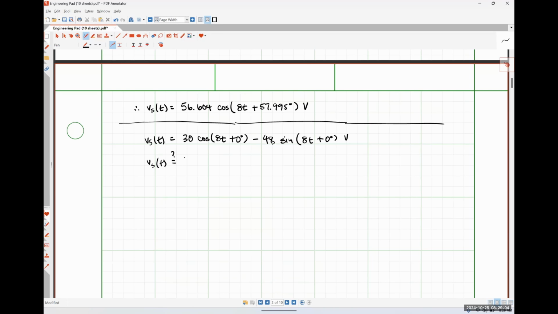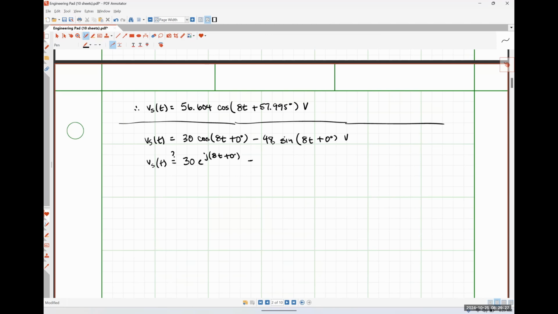So what if I called this 30 cosine, nope, not cosine, I'm getting away from that, my apologies, 30 e to the j(8t plus 0 degrees).